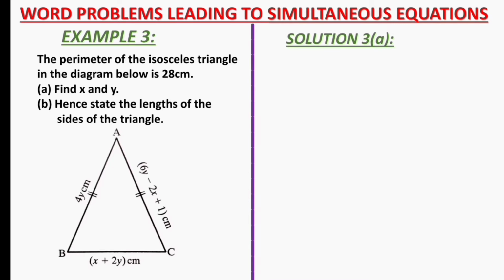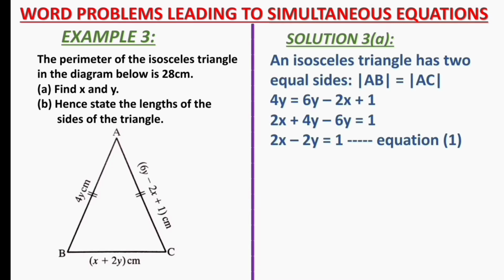Let's see the solution to question 3a. From the properties of an isosceles triangle has two equal sides. From the diagram, the length of AB is equal to the length from A to C. That means that 4y, which is the length of AB, is equal to 6y minus 2x plus 1, which is the length of AC.